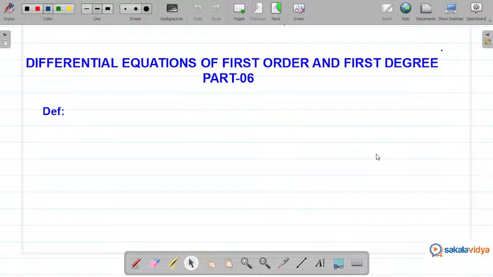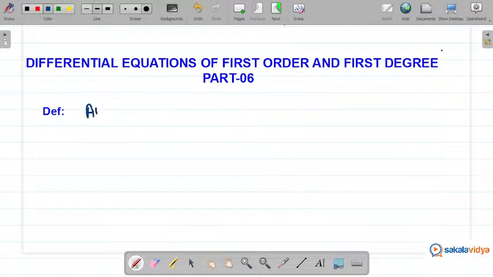So, what is the definition of a first order and first degree differential equation? Sometimes this definition may be asked in the examination also.